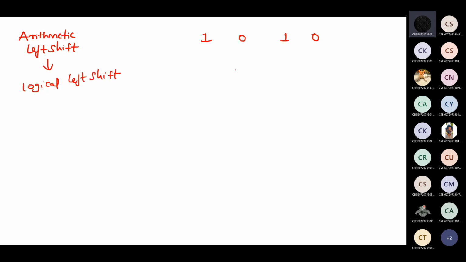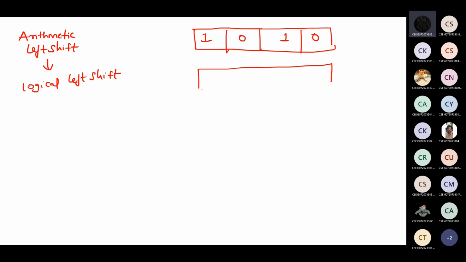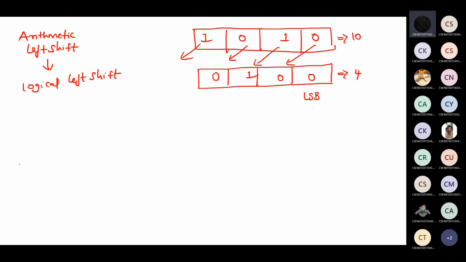If you perform the arithmetic left shift, you will get the same answer as logical left shift. Both concepts are the same. Again, I'm taking a register of size 4 bits. If I perform left shift by 1 bit position, this 1 will go away and here it will be 0, and this one will be filled with 1. The next bit will be 0 and the least significant bit should always be filled with 0. So the equivalent for this is 10, and the equivalent for this will be 4.